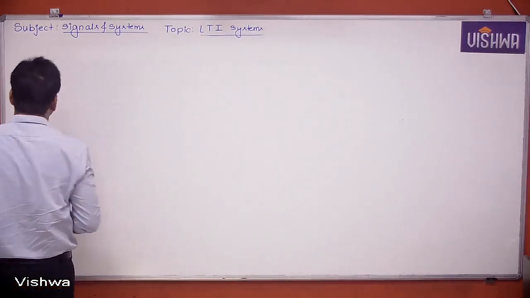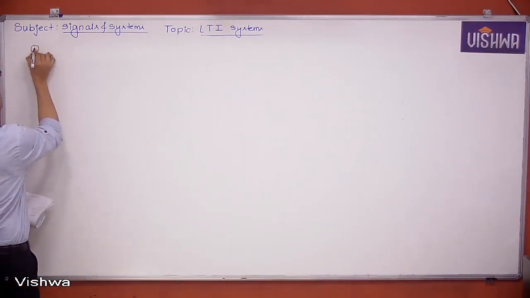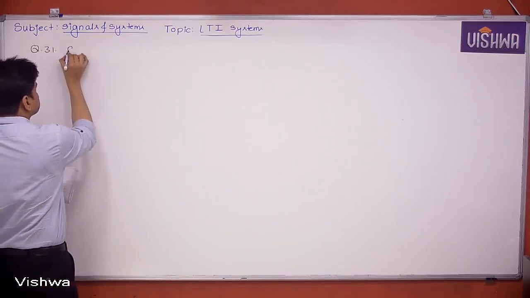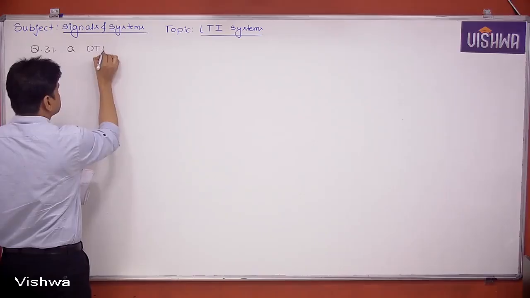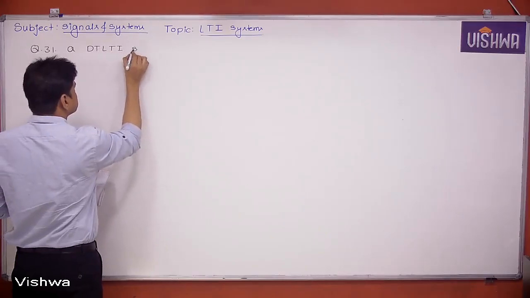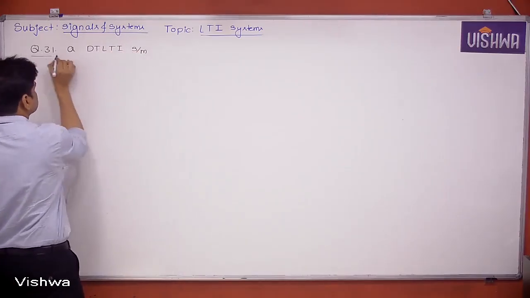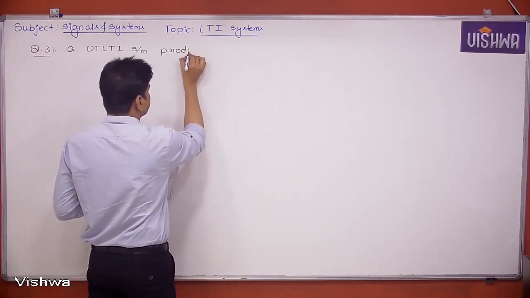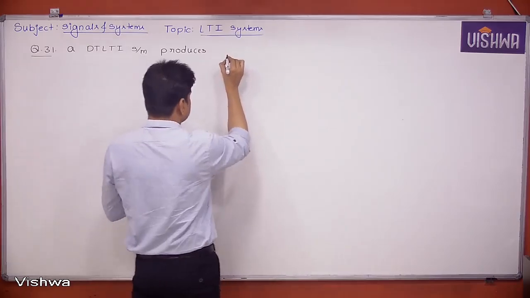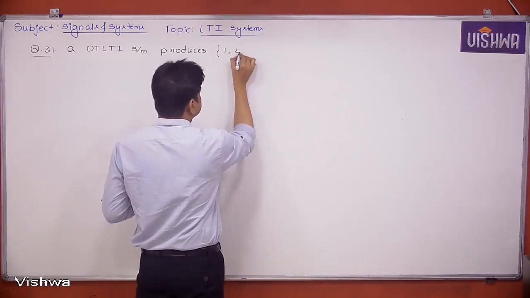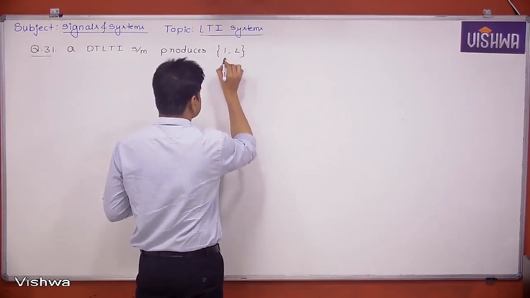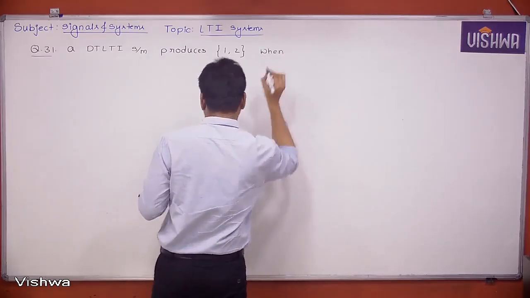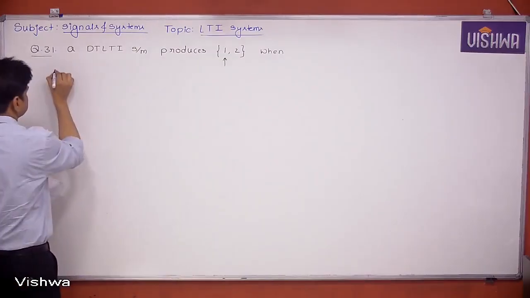Question number 31. A discrete time LTI system produces 1, 2 when unit step is applied.